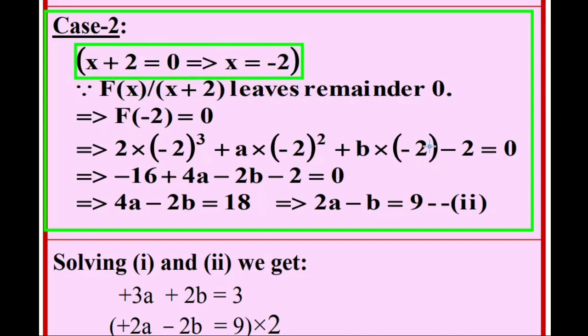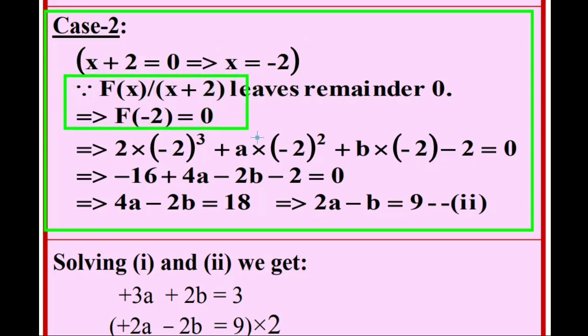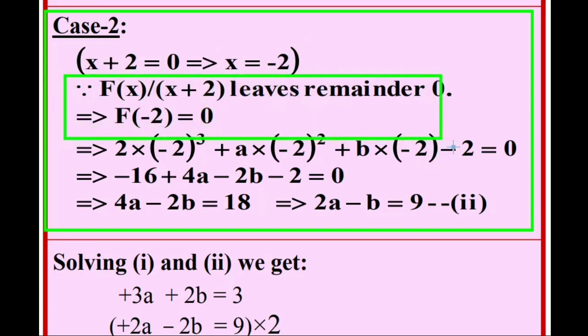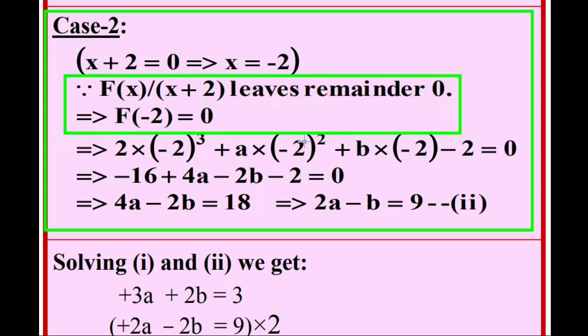And according to the theorem, since f(x) is divided by x plus 2, then f of minus 2 is the remainder, and the question says that the remainder is 0. So here one equation is formed, and at the left hand side we find out the value of the expression by replacing x with minus 2, and according to the question the remainder is 0.